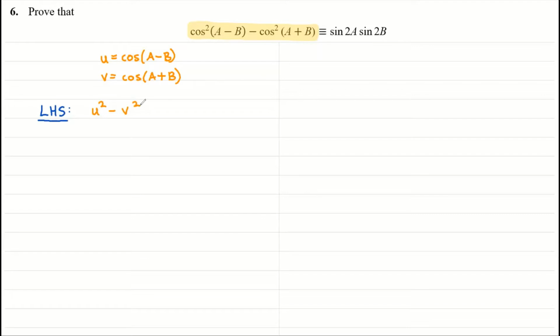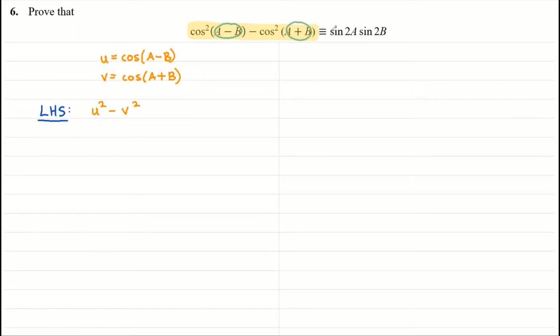All right. And granted, I know that there are double angles on the right-hand side with 2a and 2b, but when you have sums and differences of angles on the left, I think that trumps the double angles in terms of complexity here. All right. So we're gonna focus on the left-hand side. So we have u squared subtract v squared.